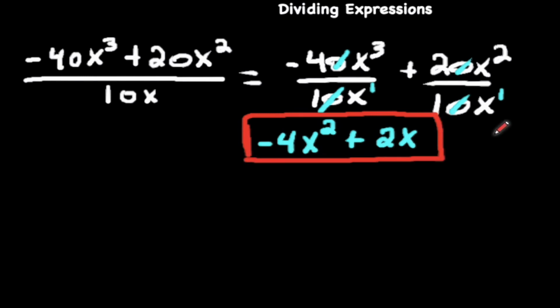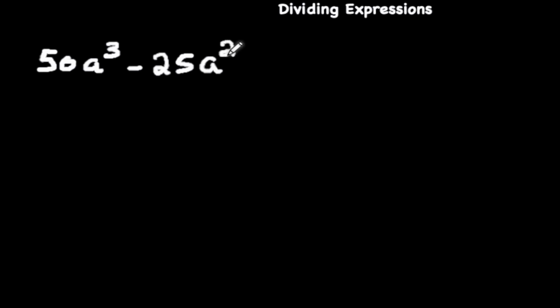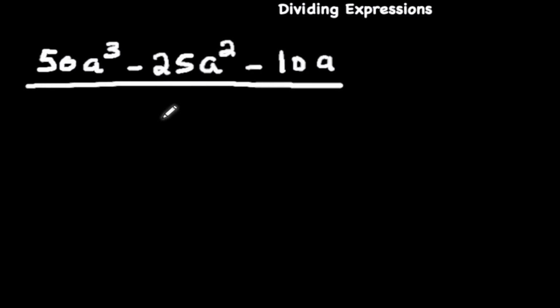Okay, so let's go over one final example. Okay, what about 50a cubed minus 25a squared minus 10a divided by 5a.